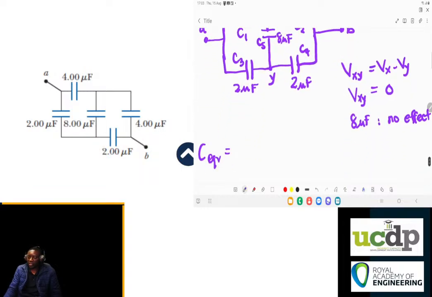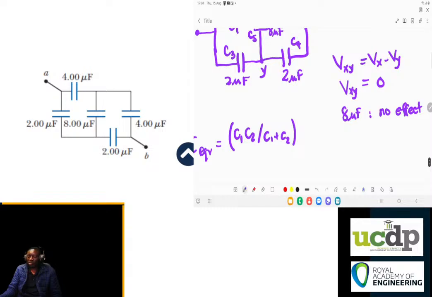C equivalent will be the product over sum of the top capacitors, C1 times C2 over C1 plus C2. That's the total capacitance of the top arm, added as 1 over C1 plus 1 over C2 and inverted. Then, because the other arm is parallel, we do a simple addition. The other arm contributes C3 times C4 over C3 plus C4.